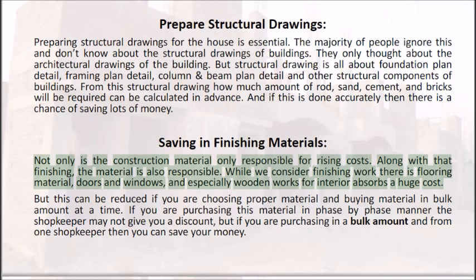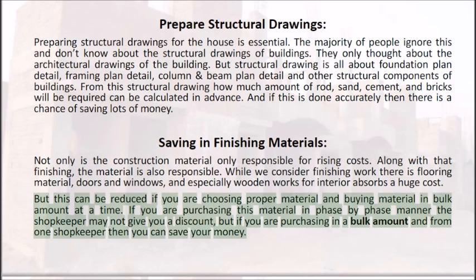But this can be reduced if you are choosing proper material and buying material in bulk amount at a time. If you are purchasing this material in phase-by-phase manner, the shopkeeper may not give you a discount, but if you are purchasing in a bulk amount and from one shopkeeper, then you can save your money.